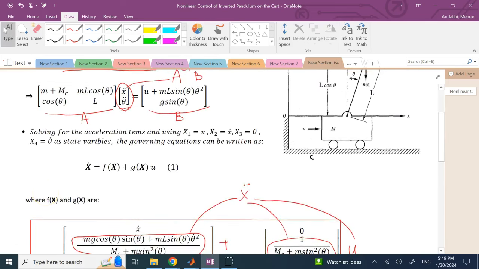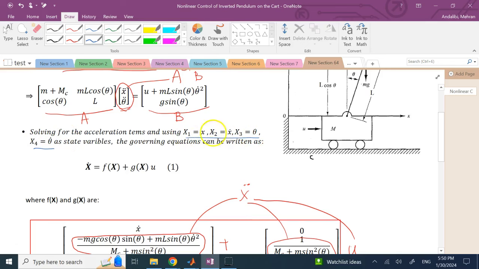So if you do that, now one thing you can do is to take this system into the state space, and you can use 4 states that we used in the previous video, or you can change the order. Initially, I had them as theta, theta dot, x and x dot, but then I decided to change them and go with x, x dot, theta, theta dot. So it is the same as my previous video.